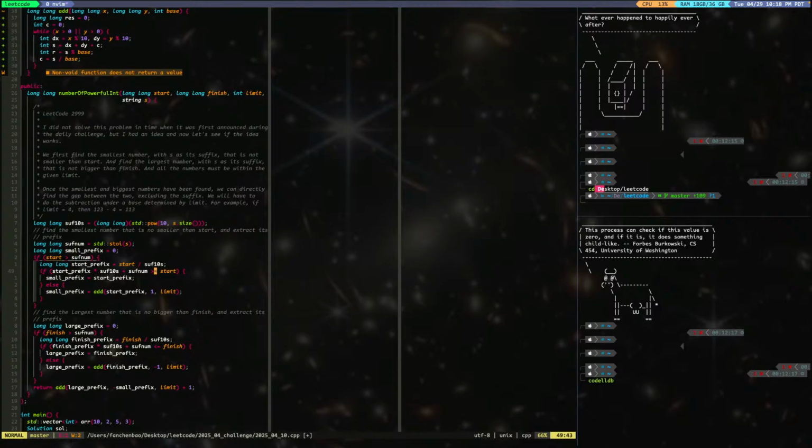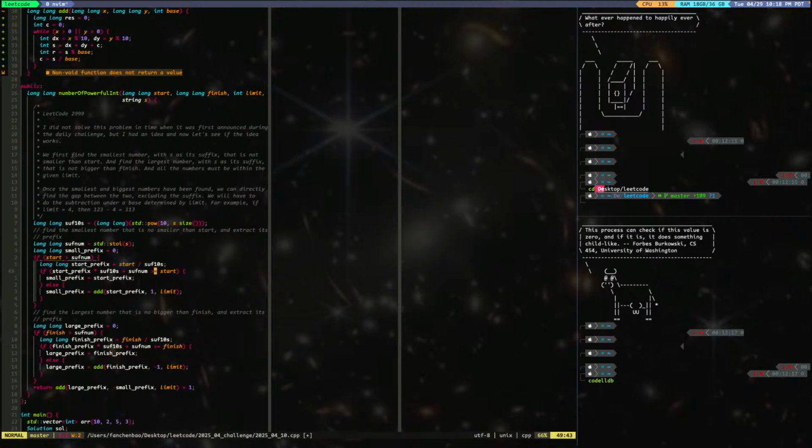So basically we have a start prefix, right? Start prefix. And we have to reduce everything down to limit. We cannot have them. Yeah, so basically the start is larger than the suffix, okay?